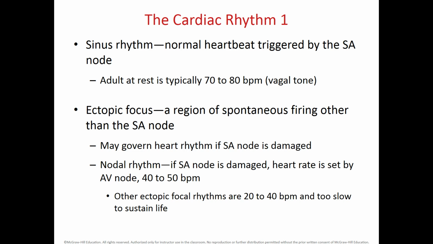That's why it is very necessary, when someone has a block, which is one of the names for the conditions when you have damage to the conducting system, to check which node is damaged, and depending on the condition, you can give drugs or you can replace the pacemakers.